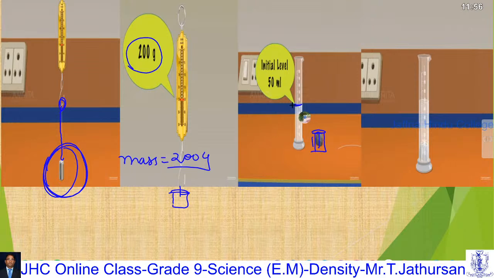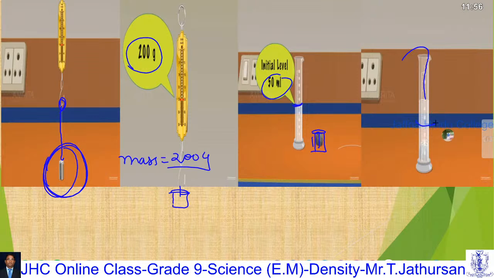The initial level of the water is 50 milliliter. Then tie the iron rod using the twine. Immerse the iron rod in the measuring cylinder and hold the end of the twine.